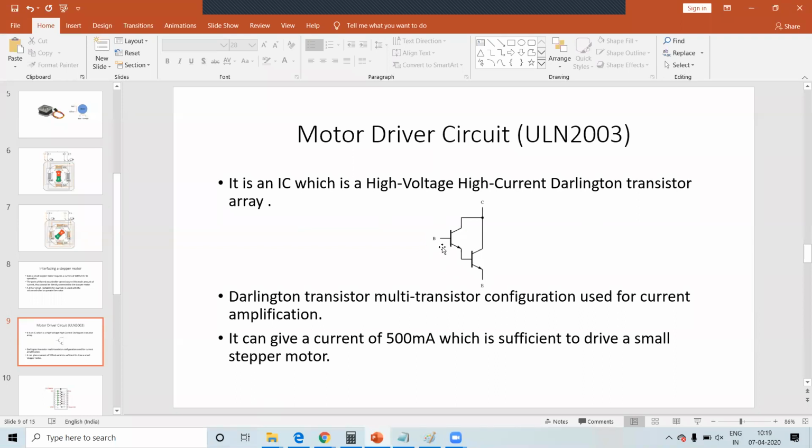We know that when current flows through a transistor, the current gets amplified. This amplified current is again given as the input to another transistor, and again it gets amplified. So the ULN 2003 gives a current of 500 milliamperes, which is more than sufficient to rotate the shaft of the stepper motor.